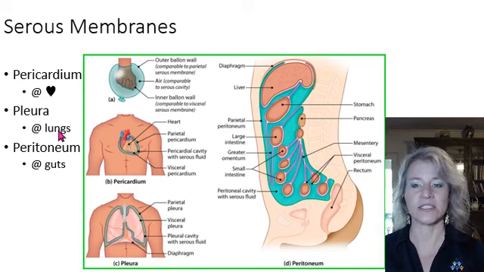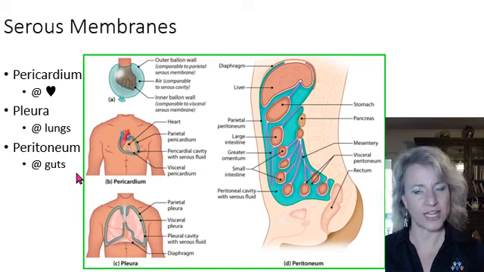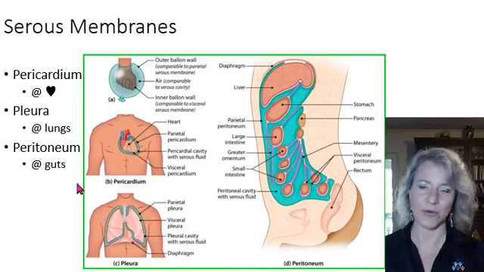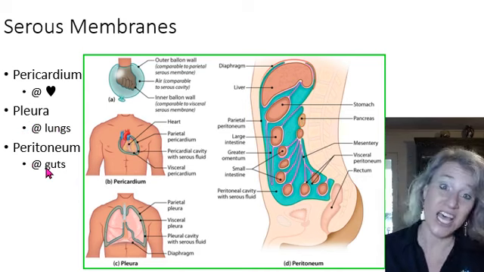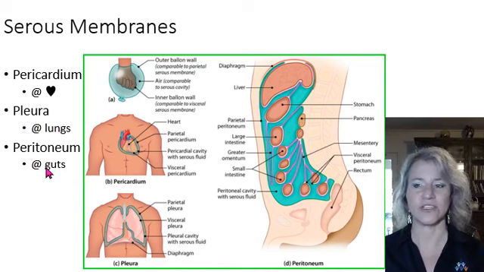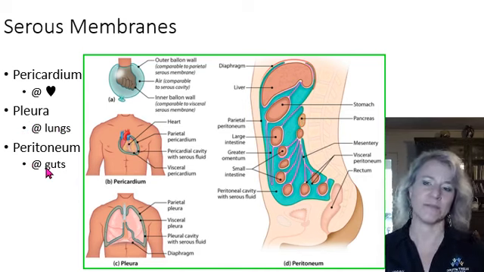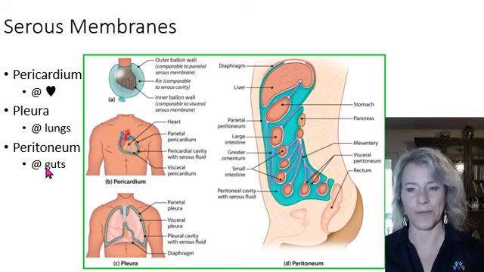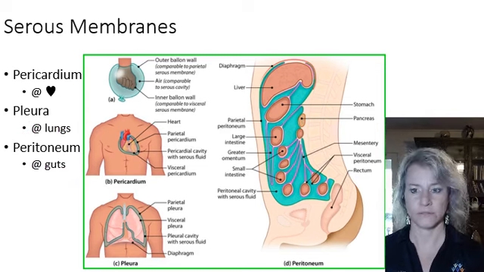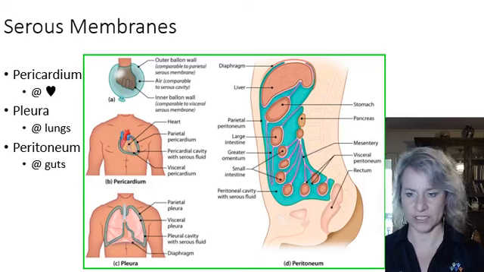Around the lungs, which is the pleura, and around your guts, the serous membrane is the peritoneum. I introduced you to the peritoneum in a previous video. So we have this membrane surrounding the heart, the lungs, and all of your guts.